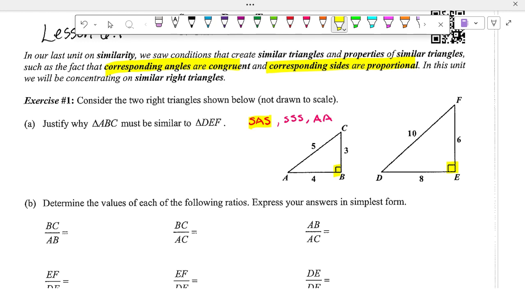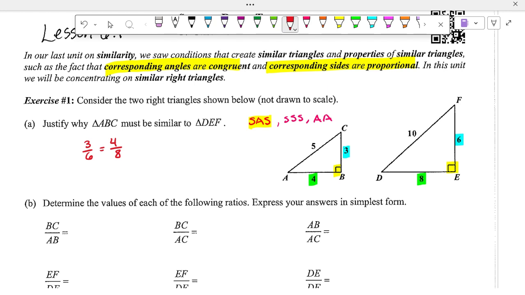So we need to check that 2 sides are proportional. Which 2 sides do I need to check? We need to check the 4 and the 8 and the 3 and the 6. In other words, the ones around the right angle. So if you do the corresponding sides over each other, we have 3 over 6. It should equal the other 2 corresponding sides, so 4 over 8.